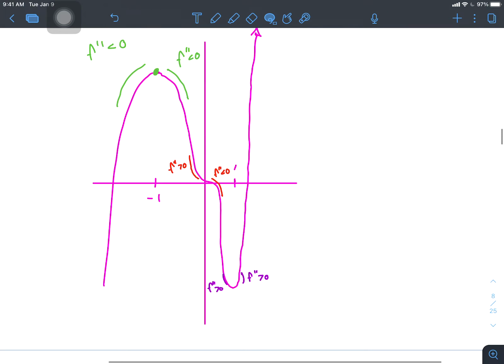So the basic summary is that, yes, the second derivative isn't going to tell us anything about how high up or down our original function is. The only thing the second derivative tells us about our original function is which way it is bending.